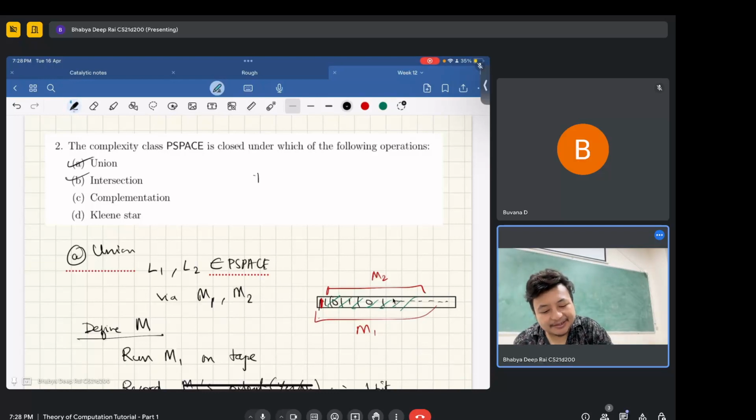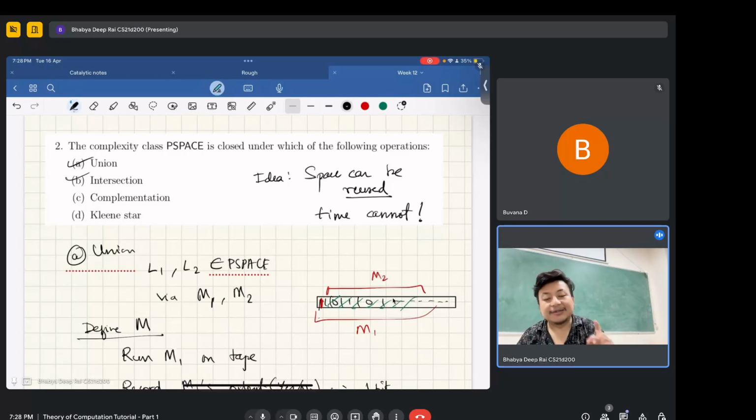The main idea is space can be reused, time cannot. This is the main idea. Space can be reused and time cannot be reused.